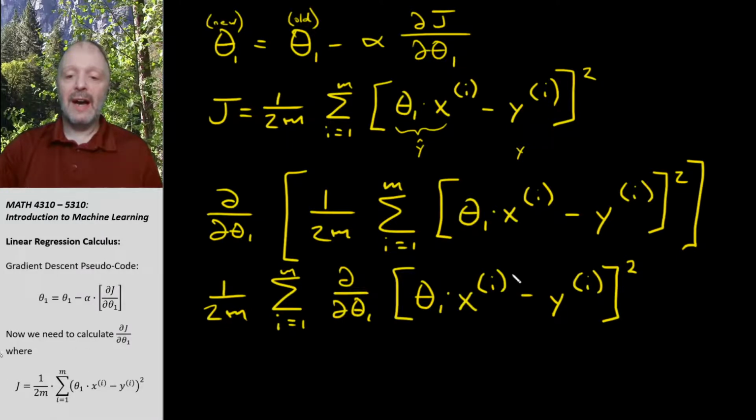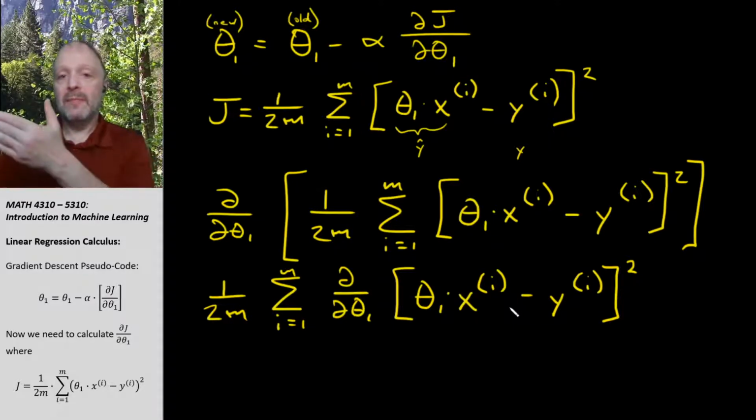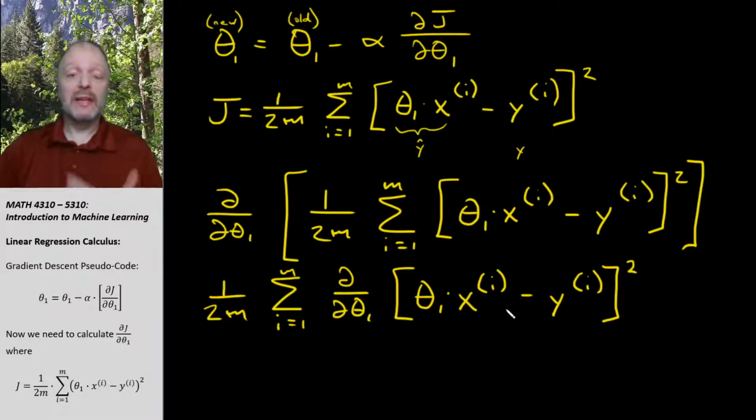The way that I'm going to handle this is I'm going to use the chain rule, where I'm doing the derivative of something that isn't the plain old variable. So I take the derivative of that something, and the interior stays untouched.